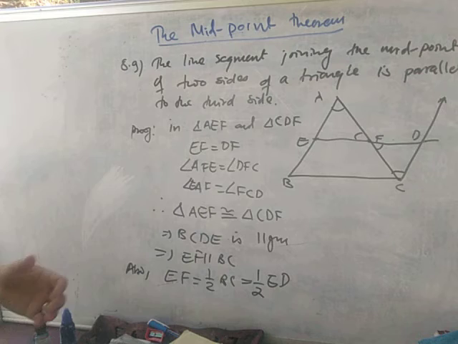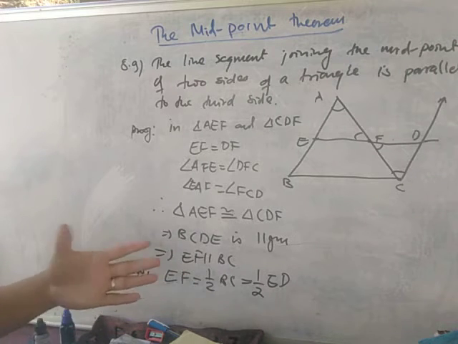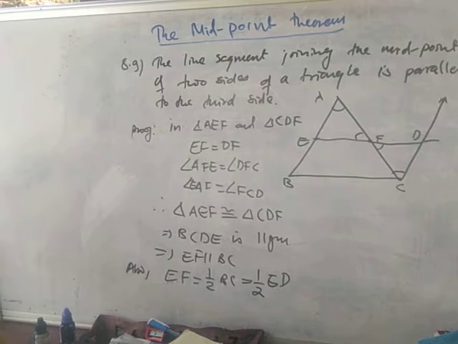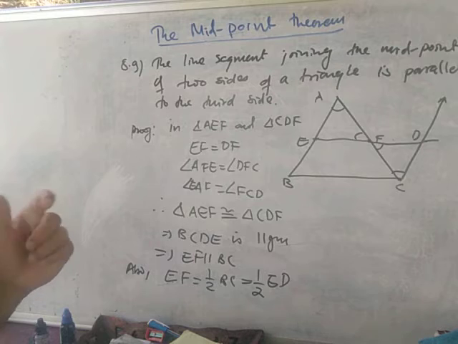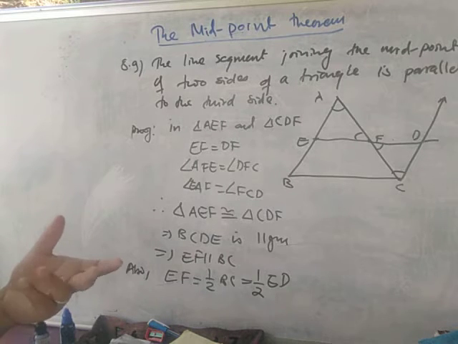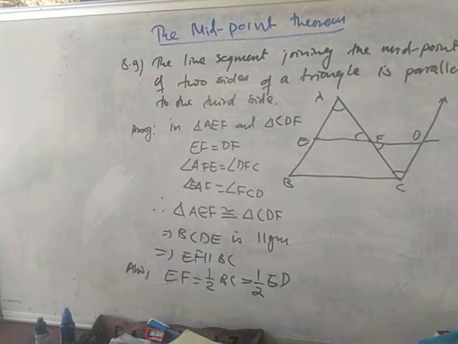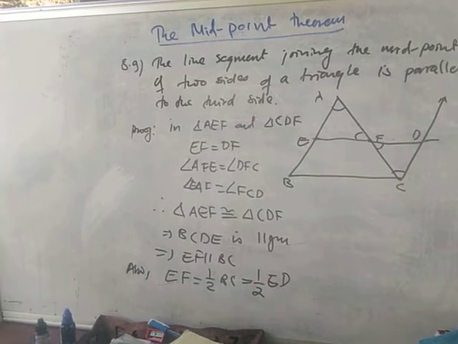Now next, just see below this theorem, there is theorem 8.10, the converse of the midpoint theorem. The line drawn through the midpoint of one side of a triangle parallel to another side bisects the third side.